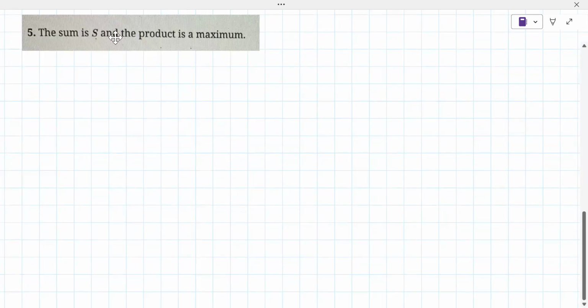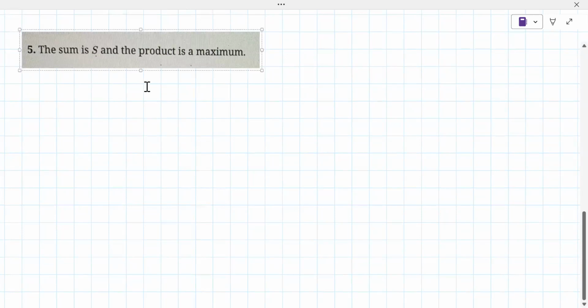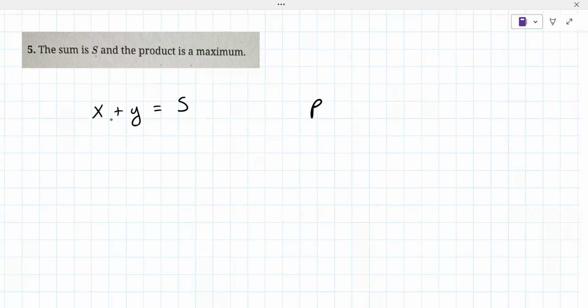The sum is S. Typically you get a number like the next one, but what that is saying is X plus Y equals S, and the product is maximized. So the product, we'll call that P, is X times Y. The general strategy in these problems is you're going to write two equations.